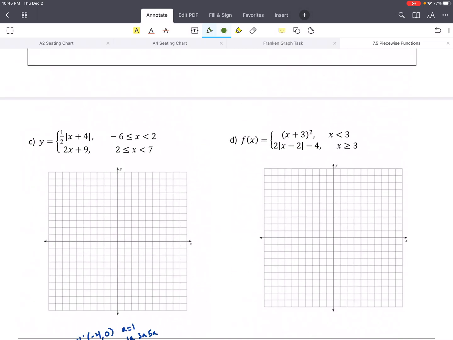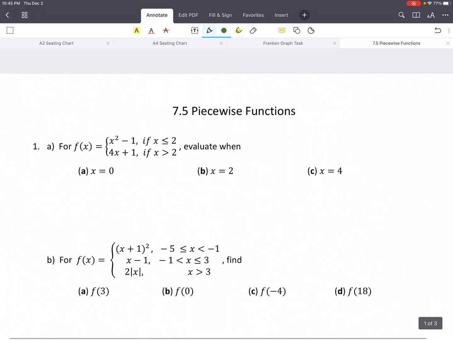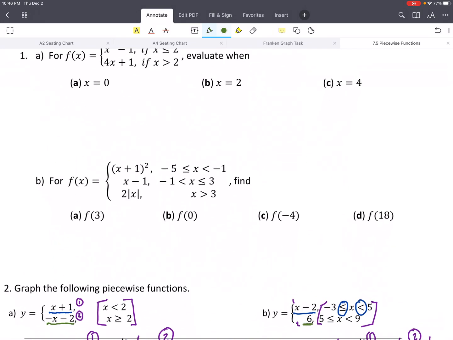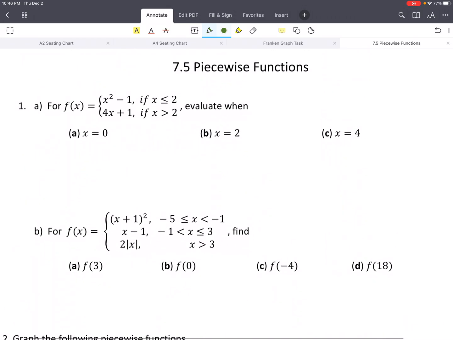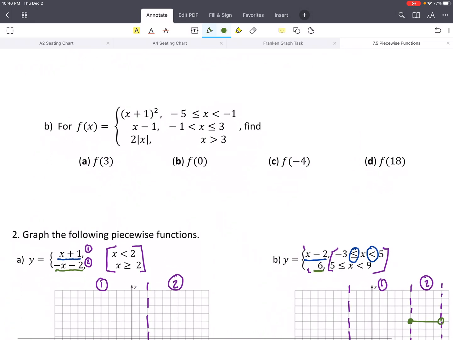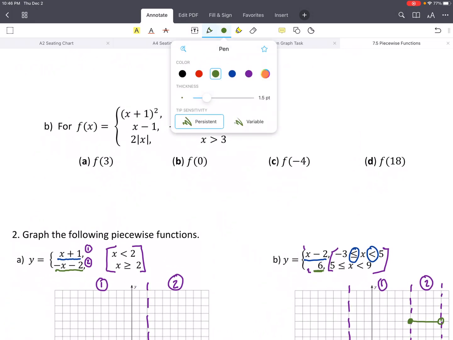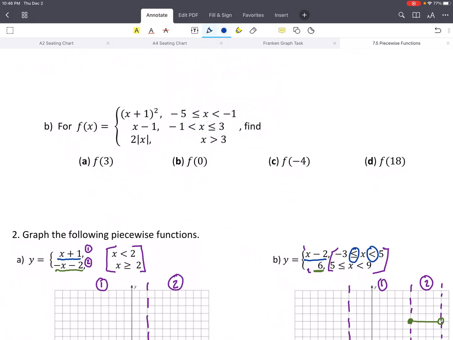The last thing I just want to cover is how to evaluate these functions. So let's look at part B here. To evaluate, if I want to find first f of 3, this notation means we plug it in, but you got to find which equation, or which piece of the function, it fits into.